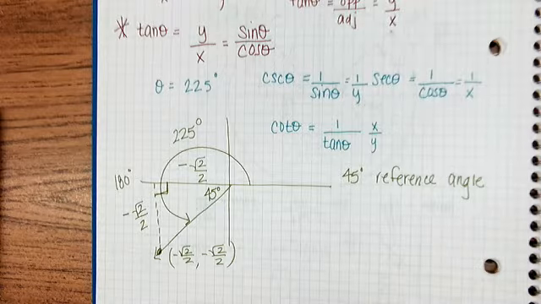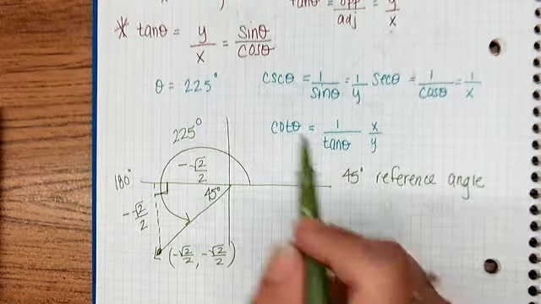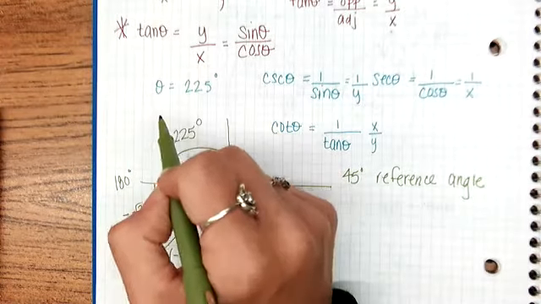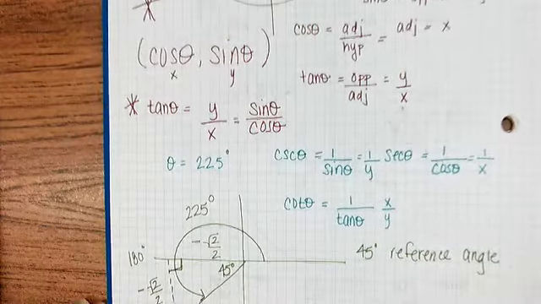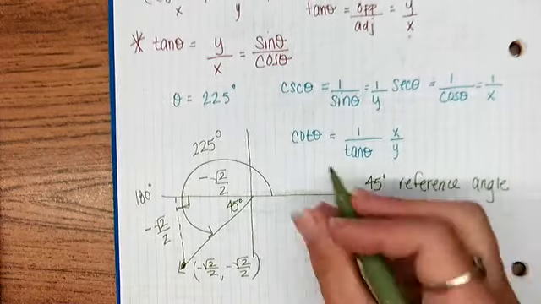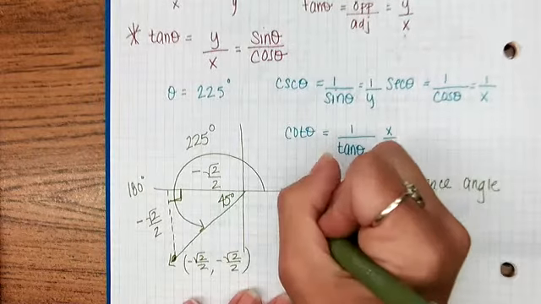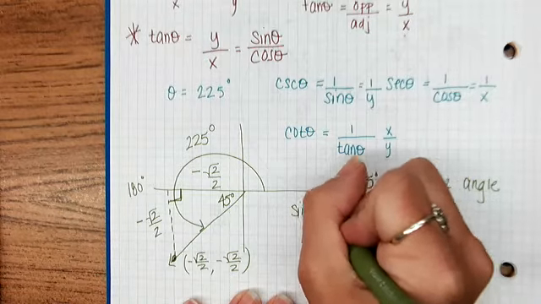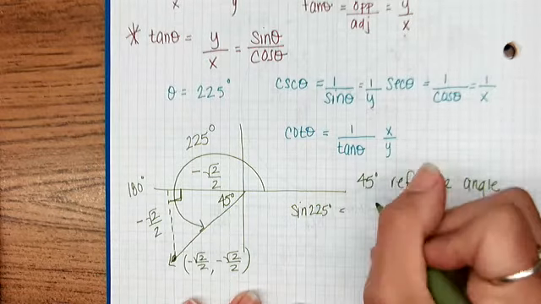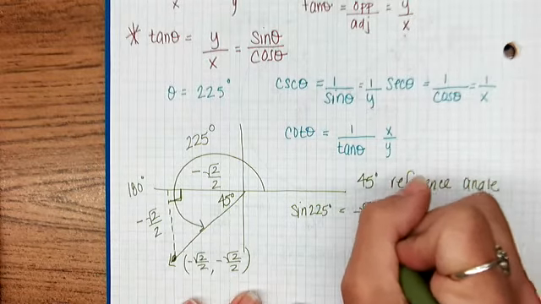Now you can find sine, cosine, tangent, cosecant, secant, cotangent. So cosine is x. The x coordinate is negative root 2 over 2, and so is the sine. So the sine of 225 is negative root 2 over 2.